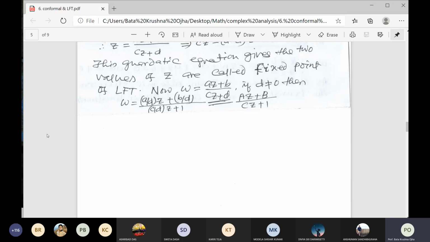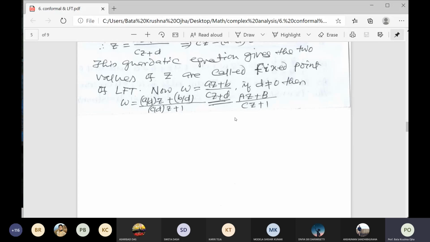If you replace W2, W2 is equal to AZ2 plus B by CZ2 plus 1. That is your second equation. Similarly, Z3 maps to W3, so W3 is equal to AZ3 plus B by CZ3 plus 1. So you will find three equations with 3 unknowns, capital A, capital B, and capital C. You can solve the 3 simultaneous equations to find the values of A, B, C. If you replace A, B, C here, that will be the linear fractional transform.